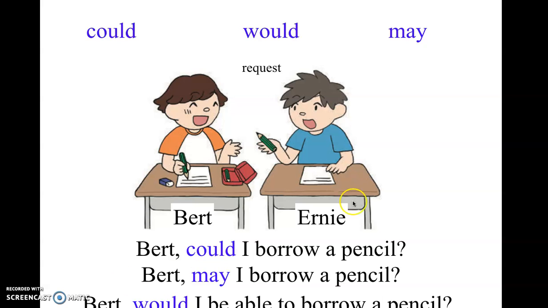The problem with that is sometimes it doesn't sound as polite. I would like to do this. I would like you to do this for me. So in terms of requesting something, the easiest two to use are could and may. Would often needs some other words and some manipulation of your sentence to make it make sense. So I suggest could and may.